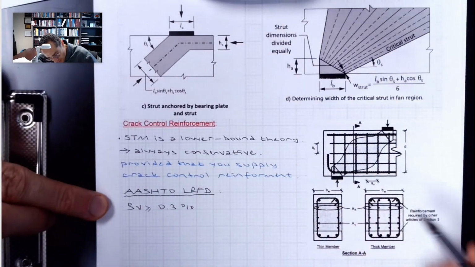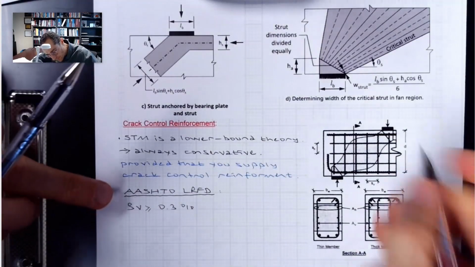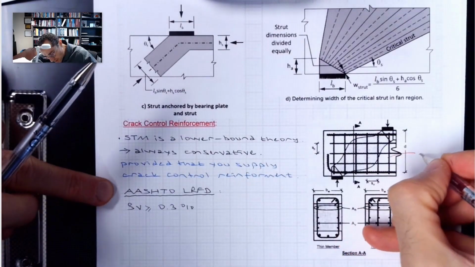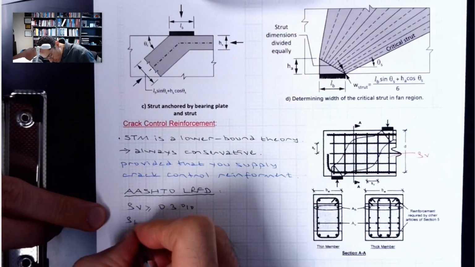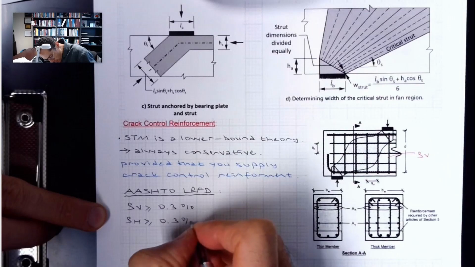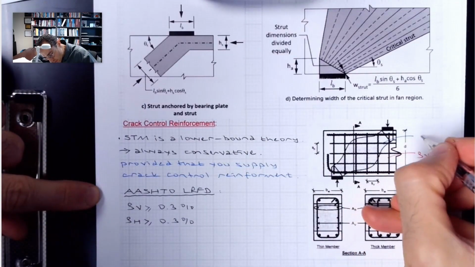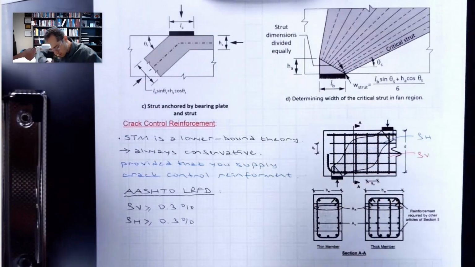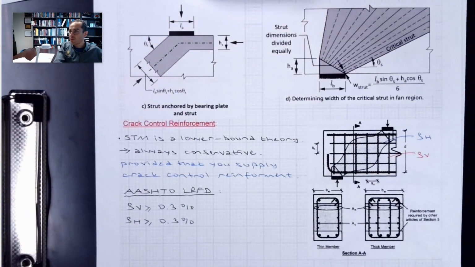So if you look at this, vertical direction would be the strap direction. This is rho V, vertical direction. The horizontal direction is the same percentage. And horizontal one would be these ones. Okay, so you must have crack control reinforcement.